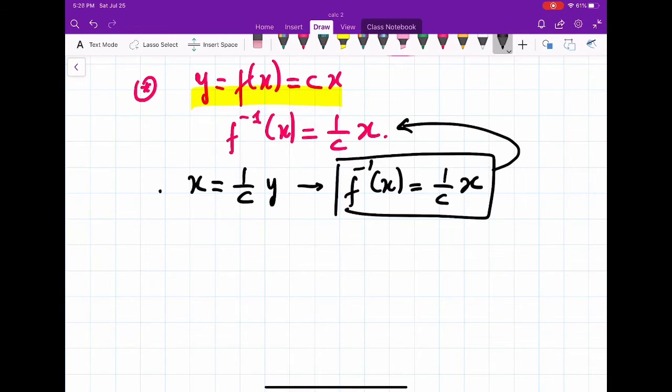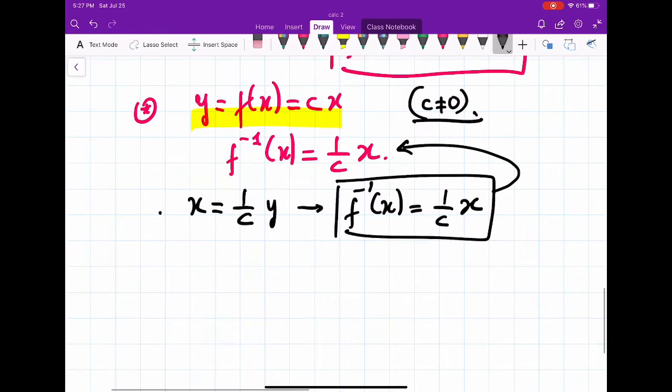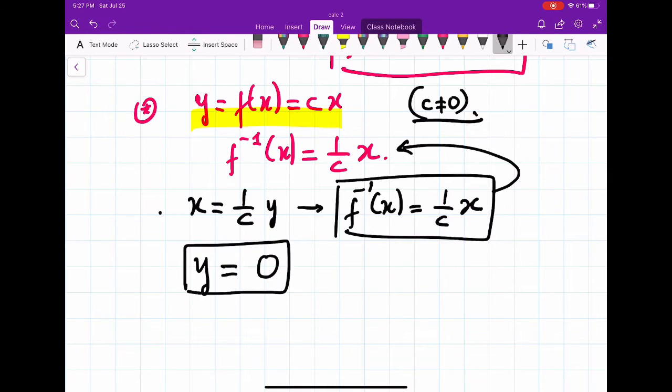But again, in this example, we need a condition that c is not 0. Why? Of course, if c is not 0, you can divide by c. But what happens if c is 0? If c is 0, your function is constant, y equals 0. What does it mean?